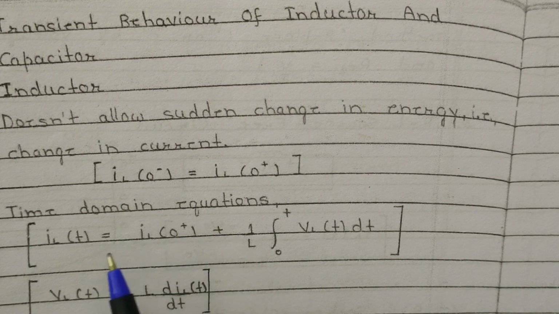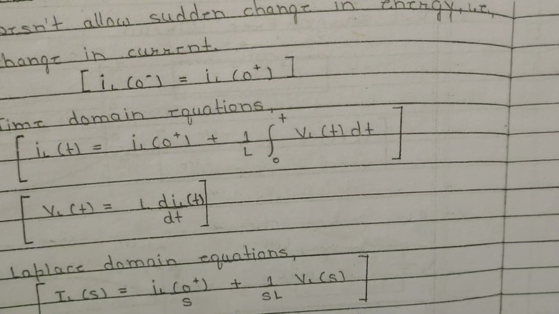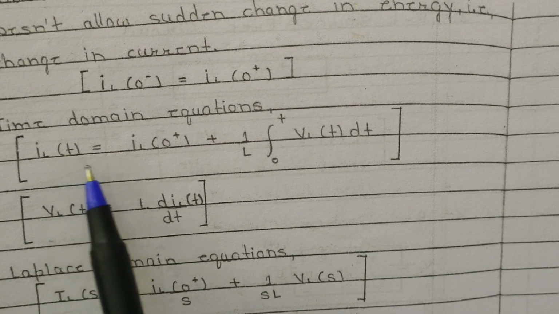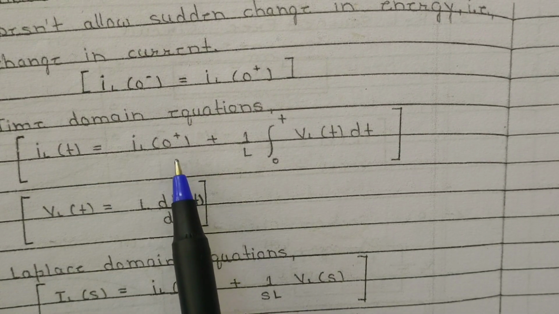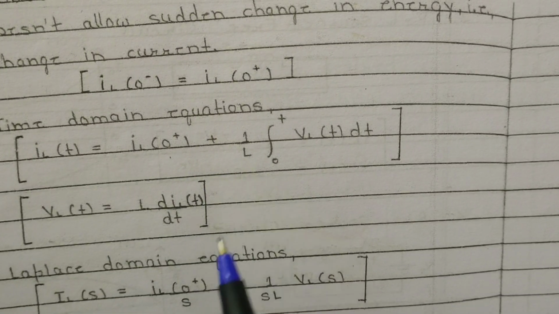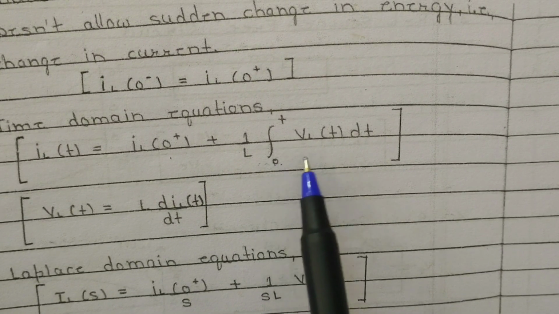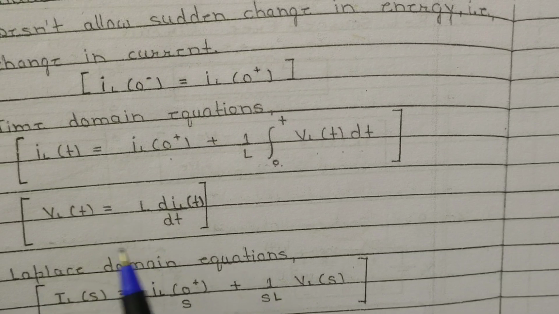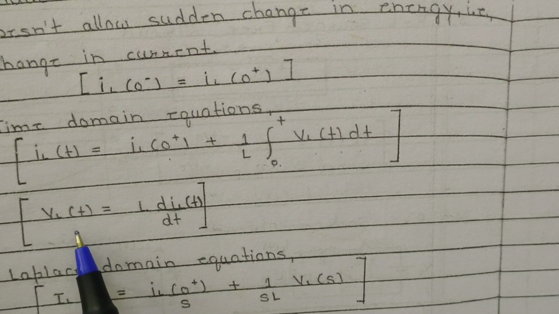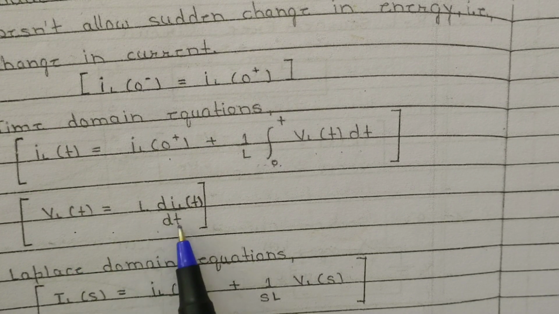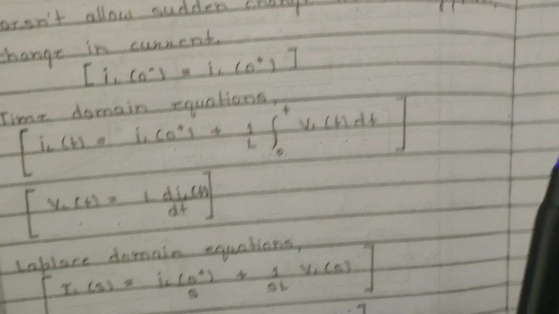In time domain analysis, we can write inductor current IL of t is equal to IL of 0, the initial inductor current, plus 1 by L integration of VL of t dt, where VL of t is equal to L di by dt.